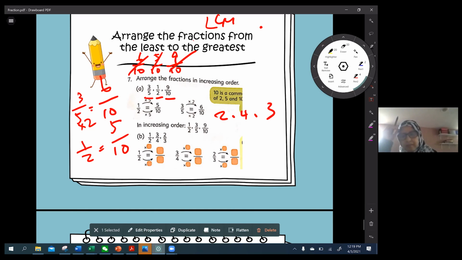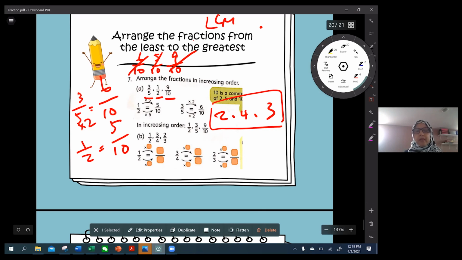For 2, 4, and 3, find the lowest common multiple.